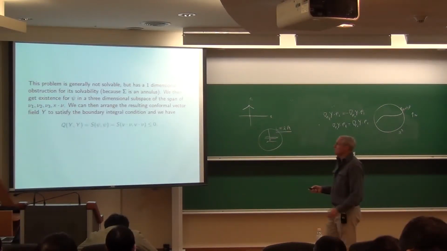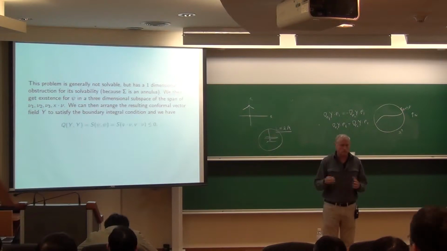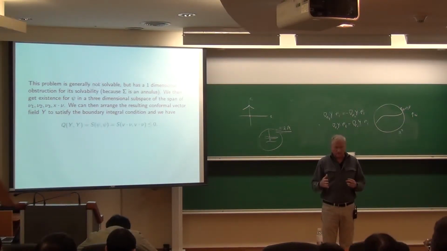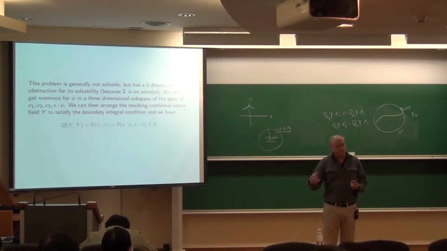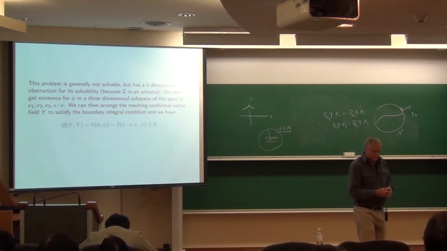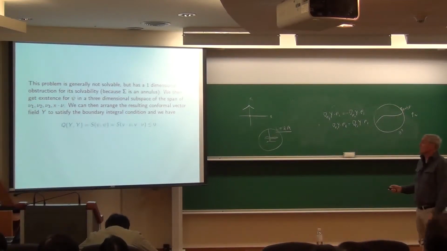And it turns out the problem actually has a one-dimensional co-kernel. So there's an obstruction to solving it. The operator is not surjective, but there's a one-dimensional orthogonal complement for the image. And so there's a one-dimensional obstruction to solving it.